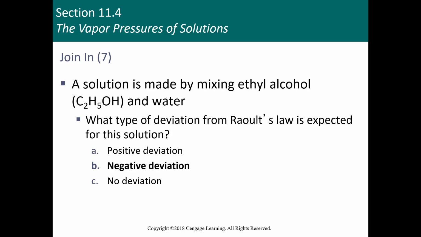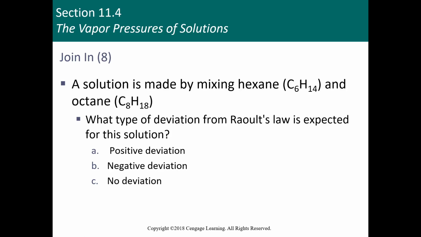Anyways, we'll talk more about freezing point depression as well. That is going to be the ultimate showing you that. Okay, so here, the interaction of the water and the ethanol, these ethanol interactions are actually going to be stronger than they normally would be. And so yes, you will get a negative deviation.